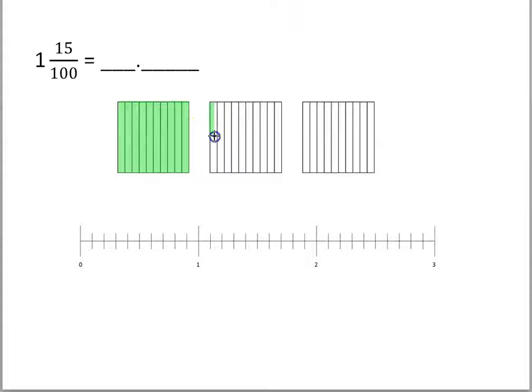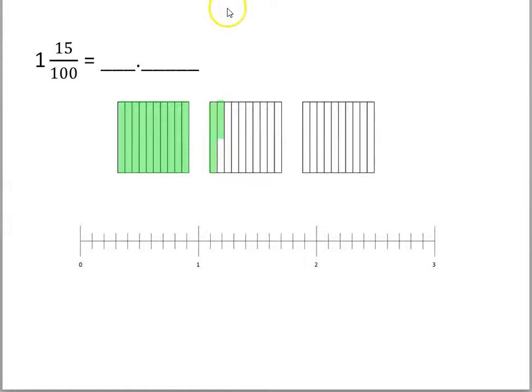So if I shade in one bar, so far, that's 1/10 or 10 hundredths. But I only need an extra 5. So that extra 5 is half of this here. So I have one whole and 10, 11, 12, 13, 14, 15 hundredths.